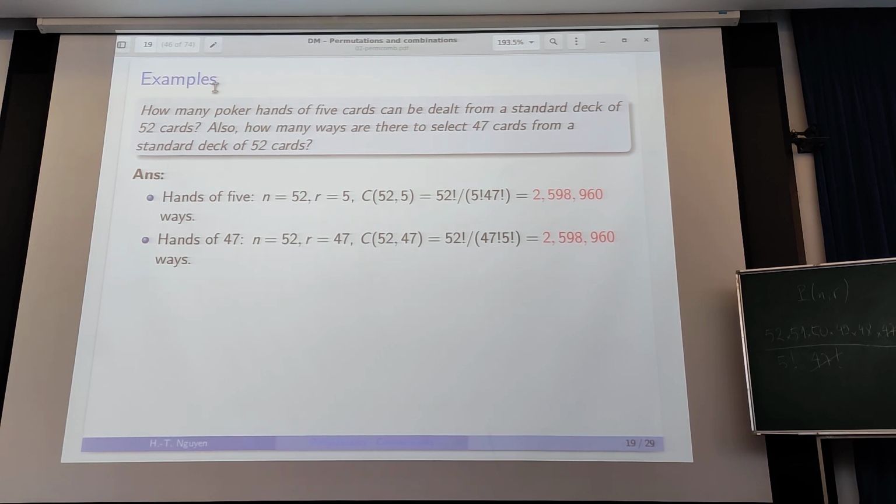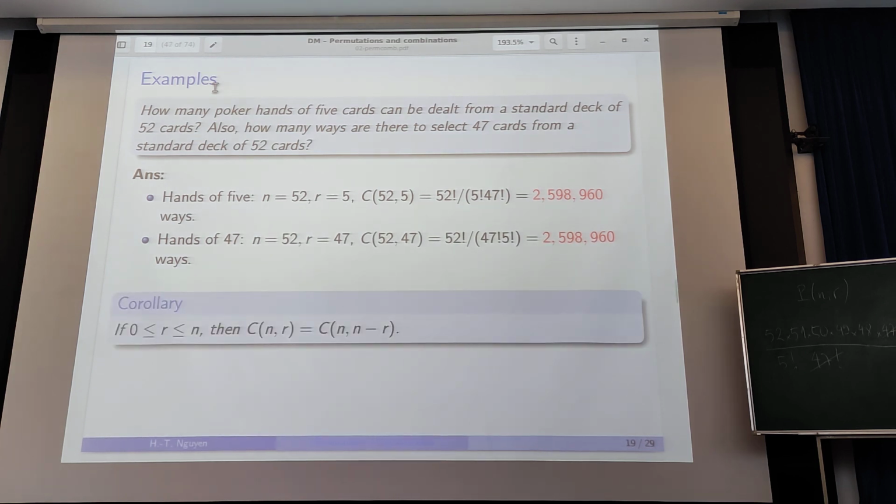But if you write out the formula, then you see that it's exactly the same. You simply exchange the row of 5 and 47. And so here, since you have already had the result above, you don't have to do the calculation again, and you get the same result.